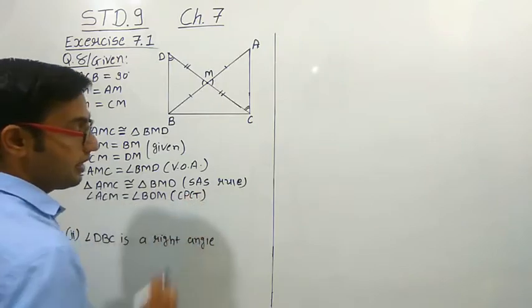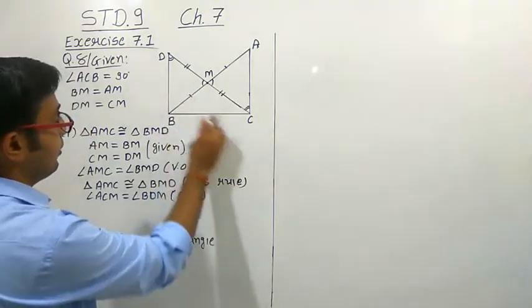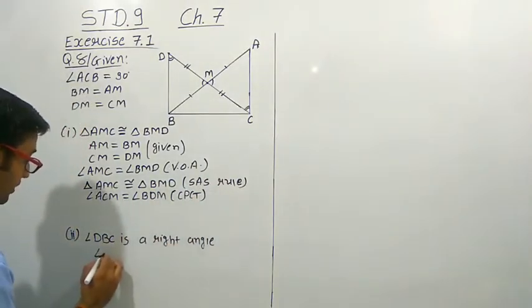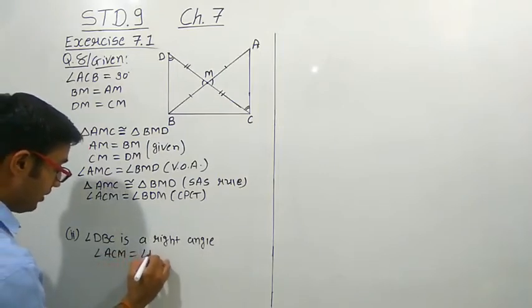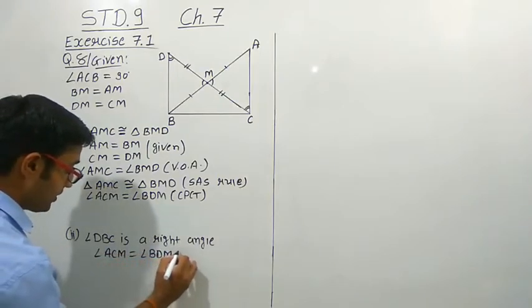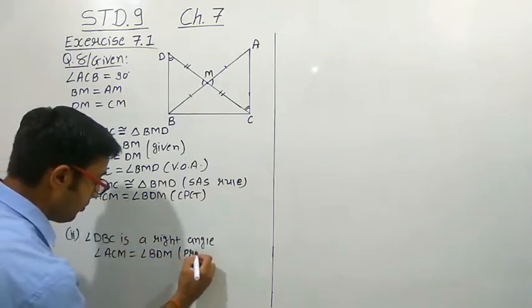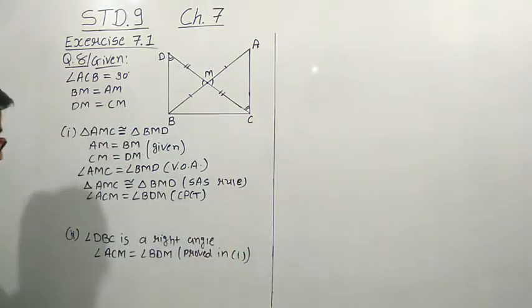By CPCT we can write this. So here we have angle ACM equal to angle BDM. This condition we are taking from 1, which we have already proved in 1. So see, here two lines are there: DB and AC are the two lines.